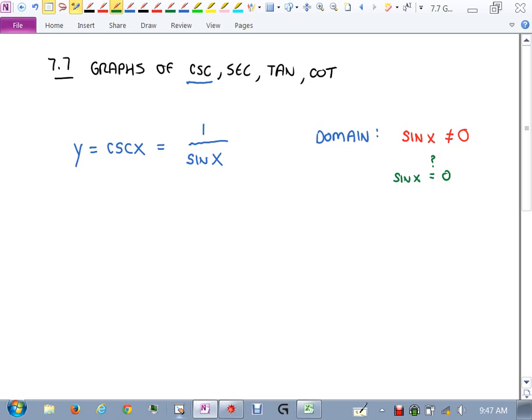Again, y-coordinate, right? Because you're on the unit circle, go to the y-coordinate, and you're asking yourself, when is the y-coordinate 0? Remember how we did this? Looking at the y-coordinate, careful, because it's sine. The y-coordinate is 0 here and here, isn't it? That's where your y-coordinate is 0.